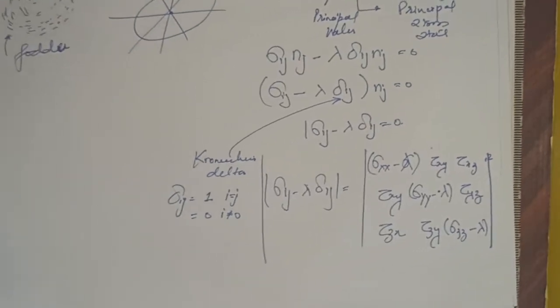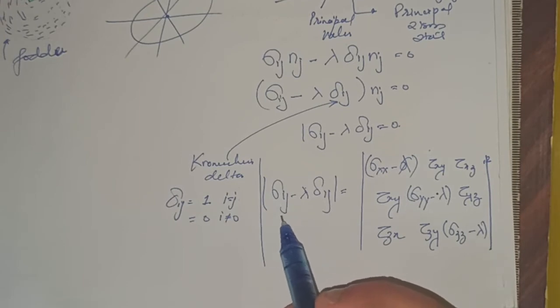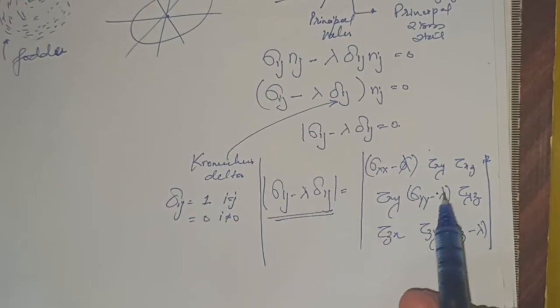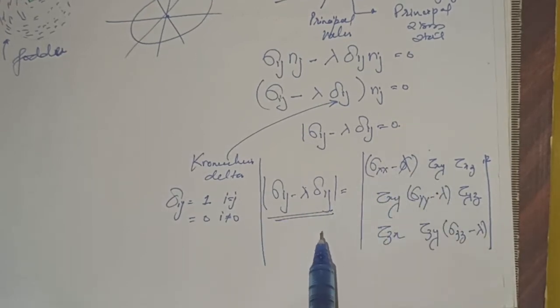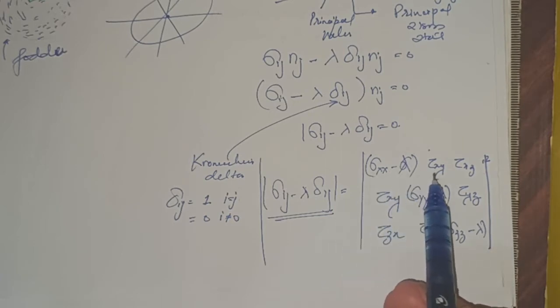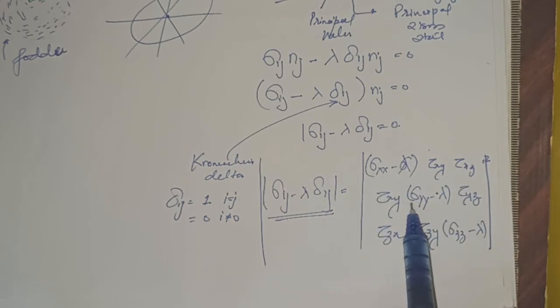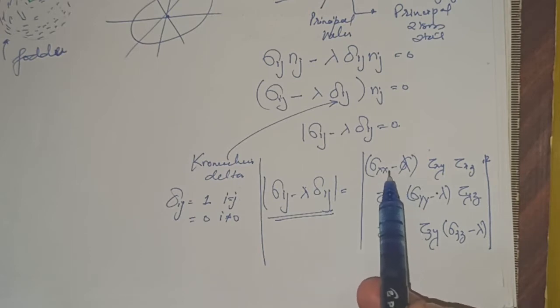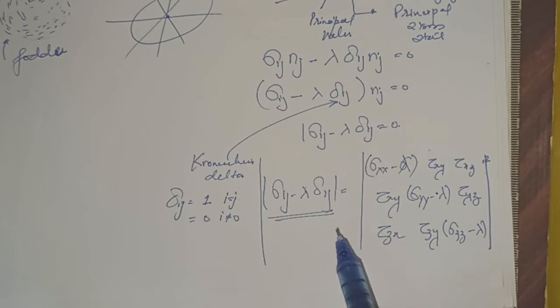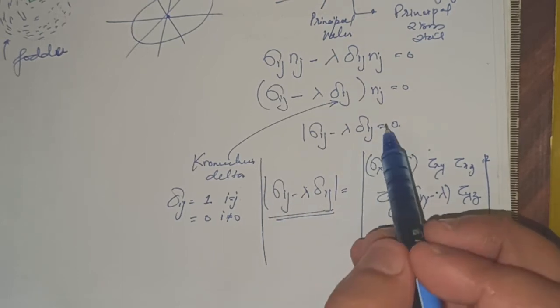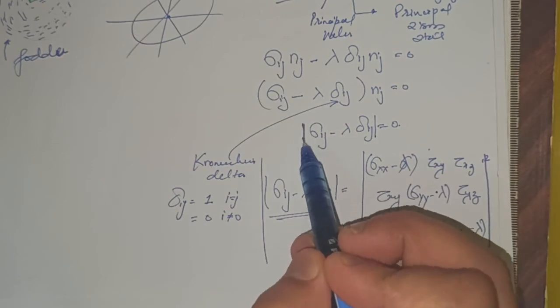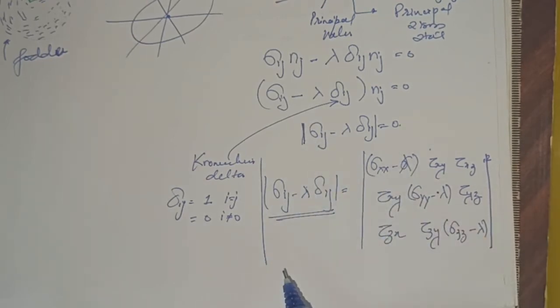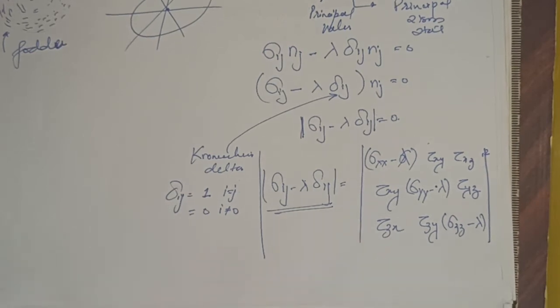This determinant can be written like this: sigma xx minus lambda, sigma xy, and so on. So lambda has been subtracted only from the normal stresses of the stress tensor. The determinant should be equal to 0. This becomes our eigenvalue analysis, which further leads to my equation.